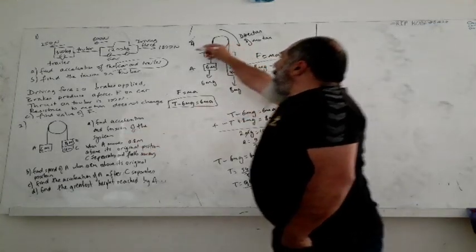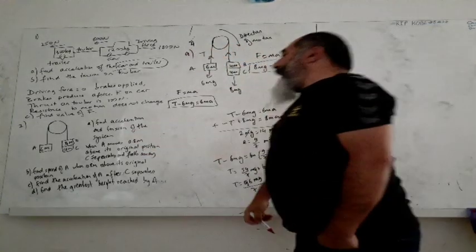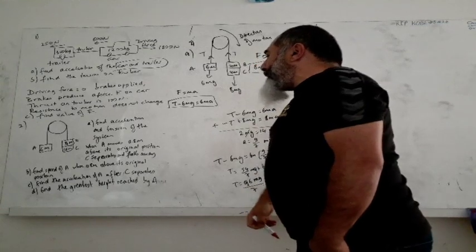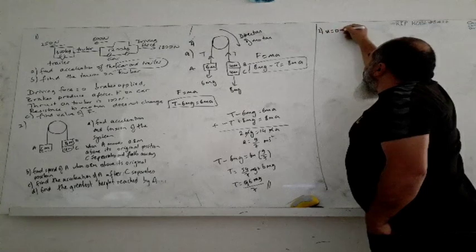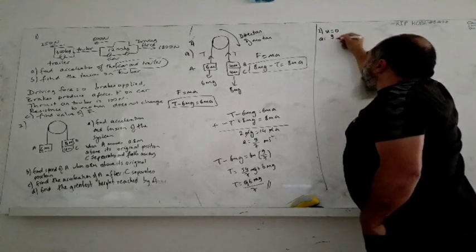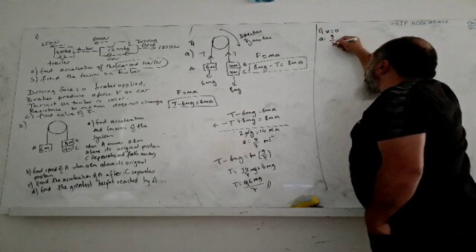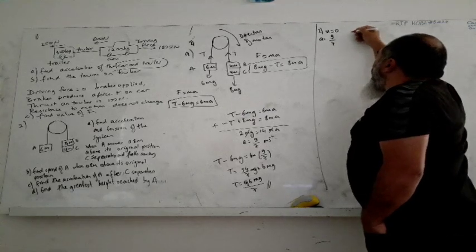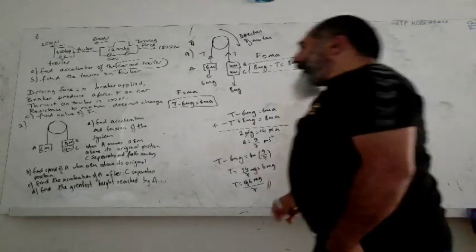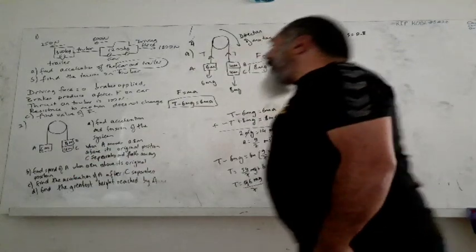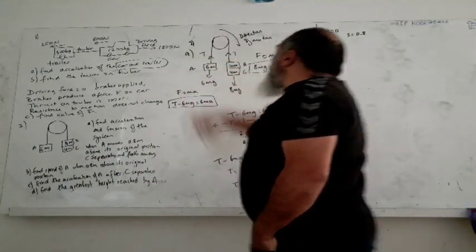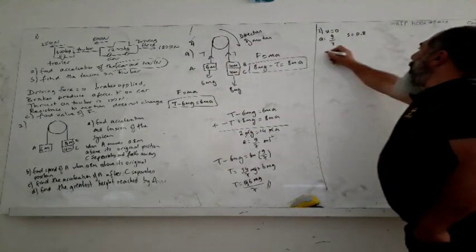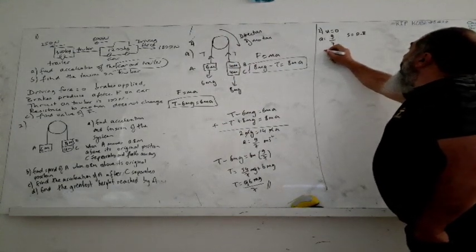When A moves 0.8 meters, the system was at rest, acceleration turns out to be 9.8 over 7, and s is 0.8. Let's find the speed of A when it moves 0.8 meters above its original position. v squared is equal to u squared plus 2as.